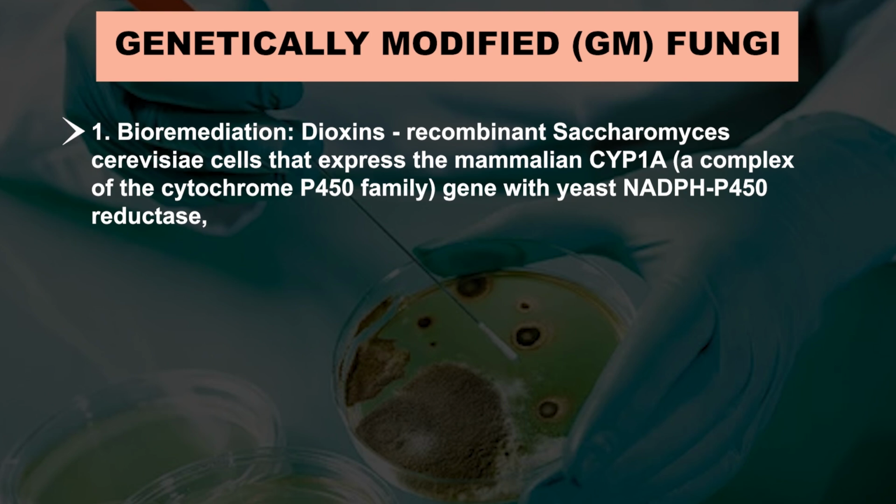Dioxin can be broken down by the recombinant Saccharomyces cerevisiae cells that express the mammalian CYP1A, a complex of the cytochrome P450 family gene with yeast NADPH P450 reductase, which has greater metabolism of tri-CDDs and DCDDs and MCDDs, and the DD than those of the naturally occurring microorganism.